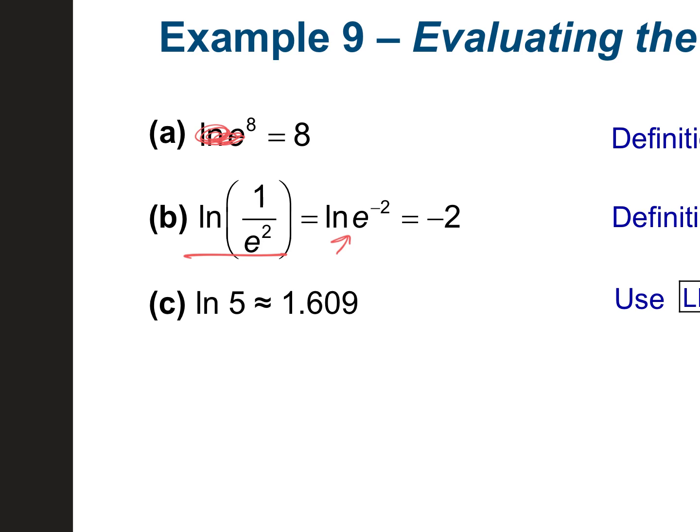Multiply both sides by ln. How did they rewrite 1 over e squared? They brought it up, right? So there was no denominator. Then you had ln and e right next to each other. That's why they cancel out.